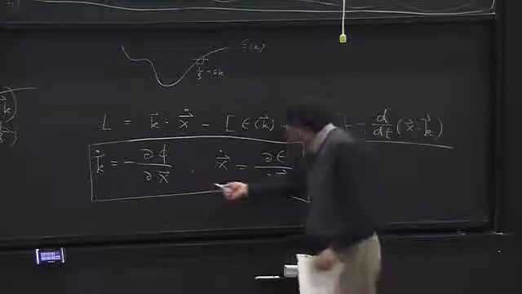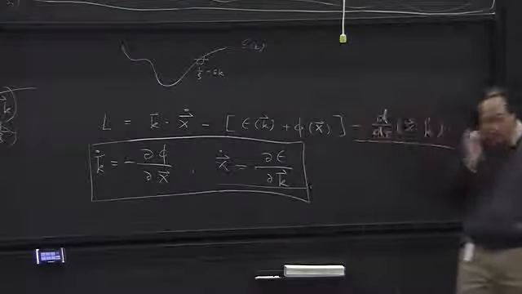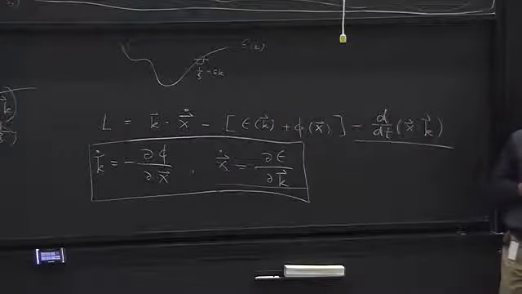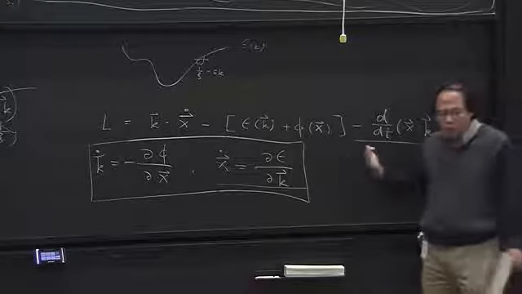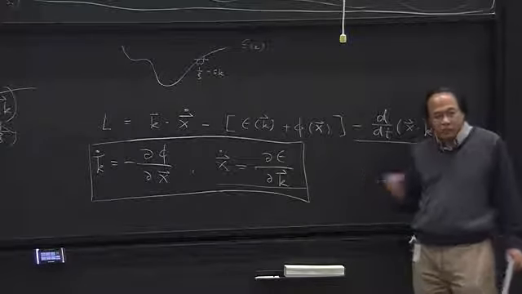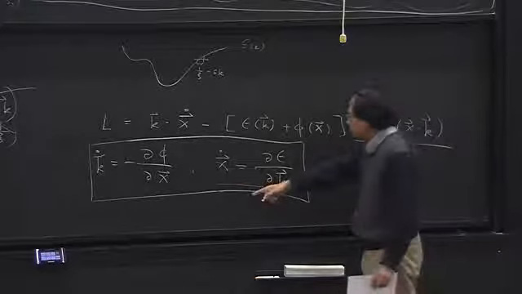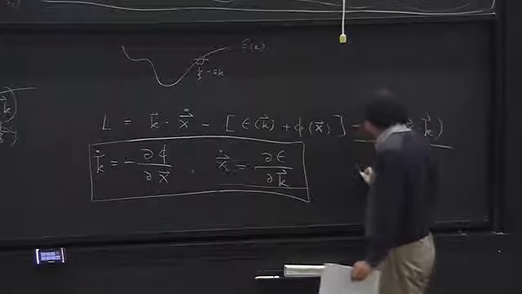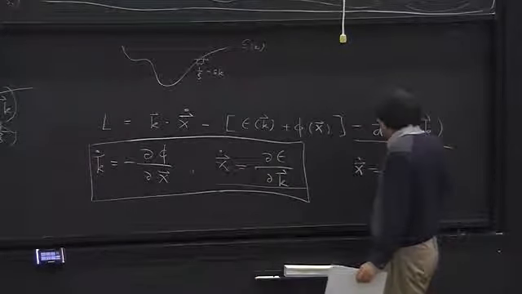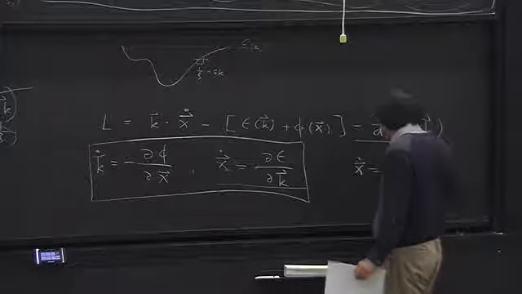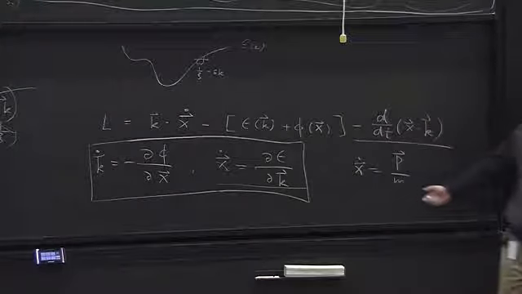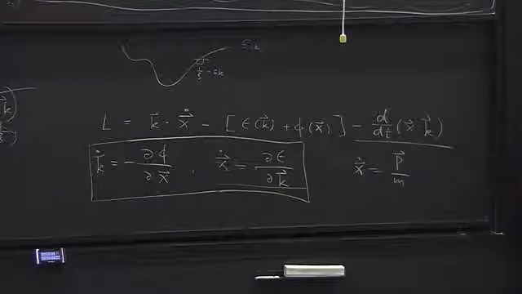And this term actually is interesting. This term is a generalization of the momentum-velocity relation. In Newton's equation, we should have something like x dot equal to p over m. Newton's particle has a mass m, and p over m is a velocity.